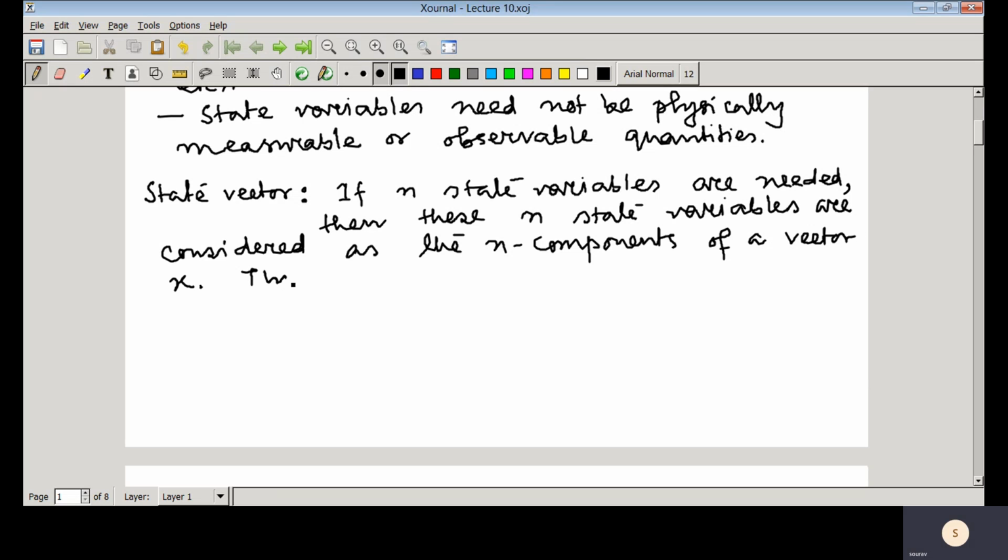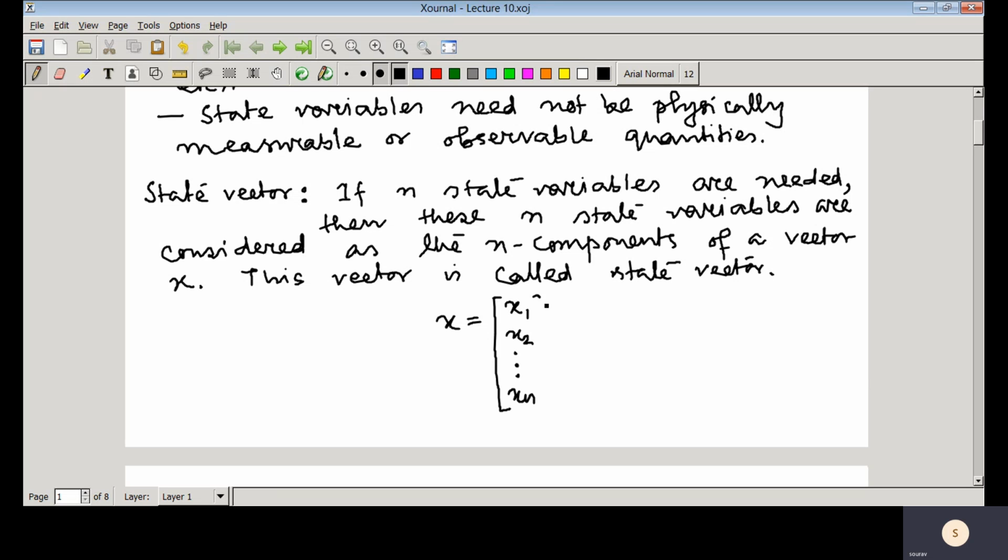So this vector is called state vector. So that means if you have n number of state variables, and if you write those state variables in vector form, that is called a state vector. So that means if x is that state vector, and you have that n number of state variables, these are the state variables. So this x is called that state vector.